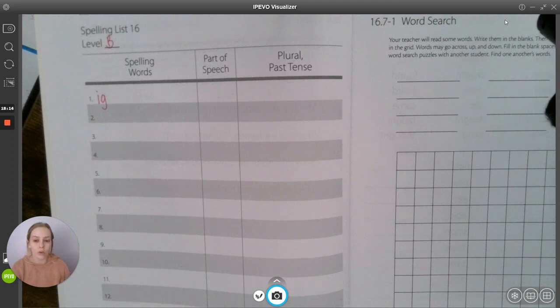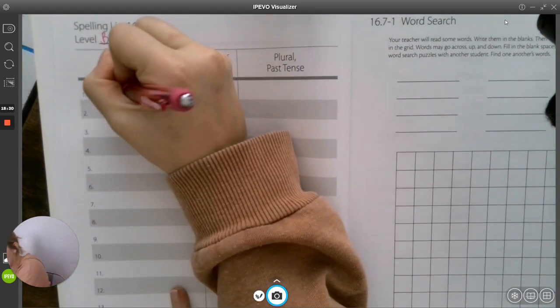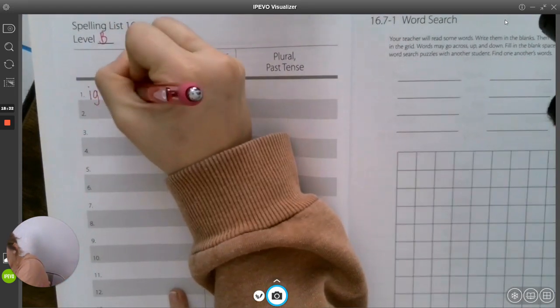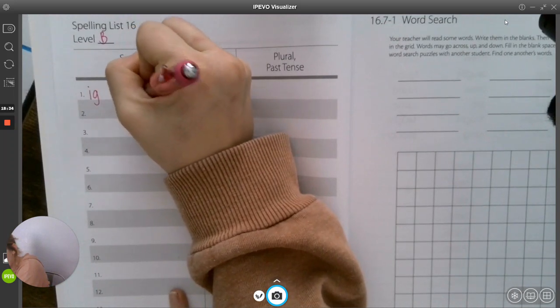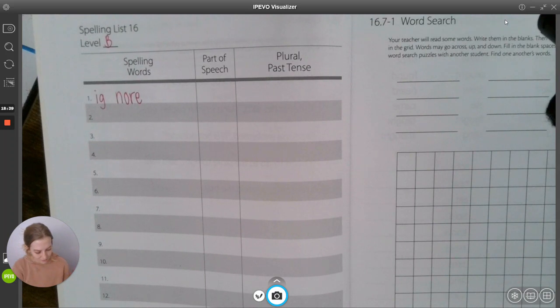O, finger spell. O, silent final E. So, O, silent final E. All right.